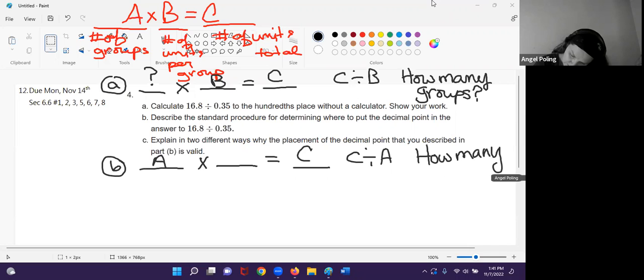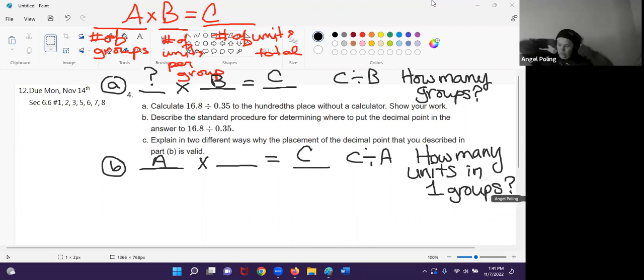How many units in one group? That's how your book words it. So we have to word it like them.